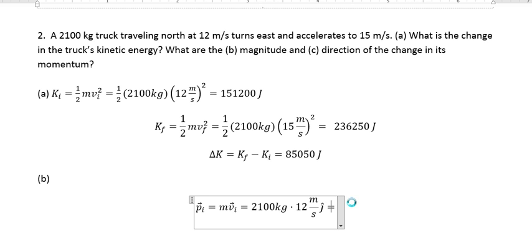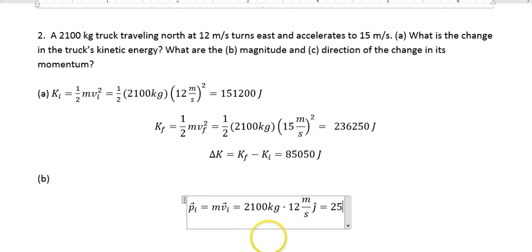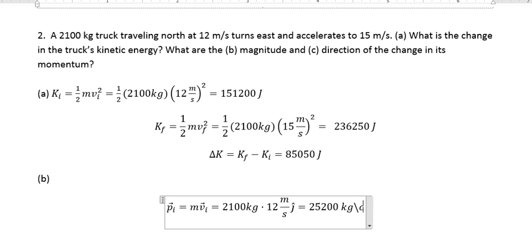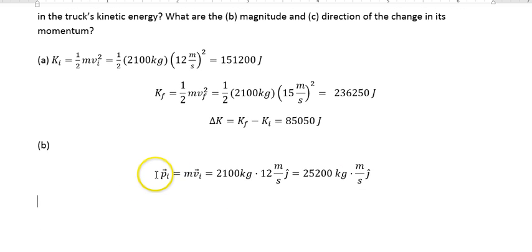And what is that in the end? 12 times 2100 is 252,000 kilogram meters per second, j hat. Okay, so that's the initial momentum, and we just have to take into account that it's a vector.